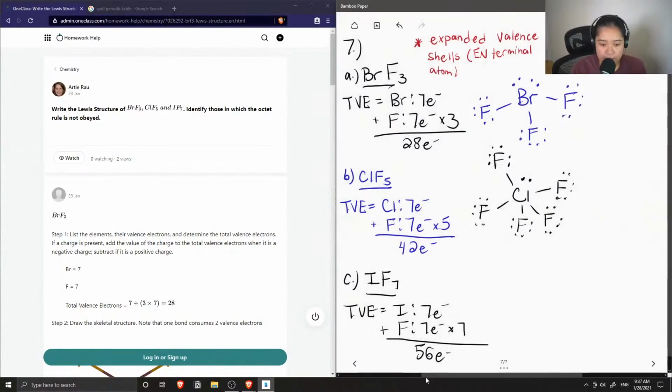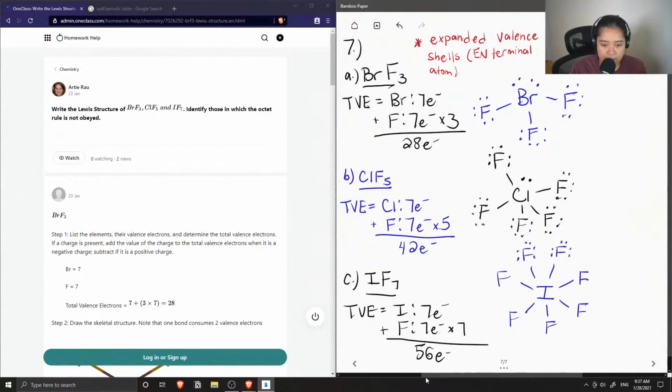So again, we're going to show iodine as our central atom, and then just draw out 7 single bonds to fluorine. So already we can see that the iodine also does not follow the octet rule.